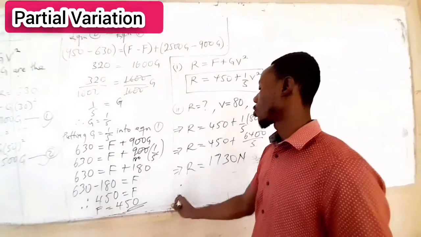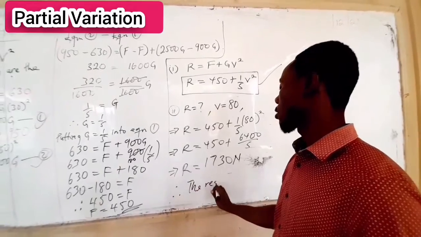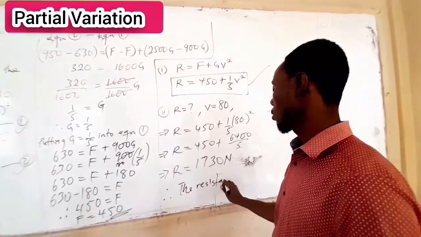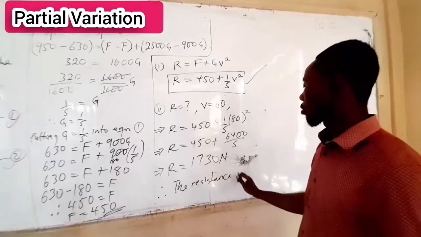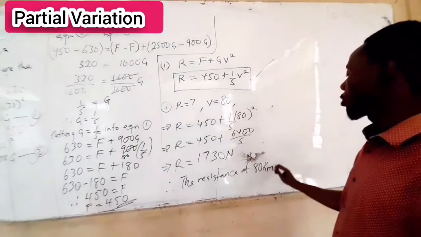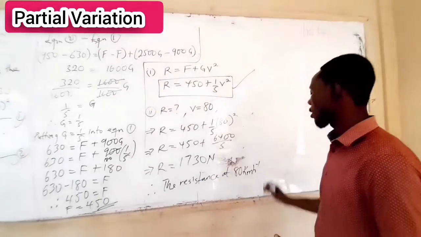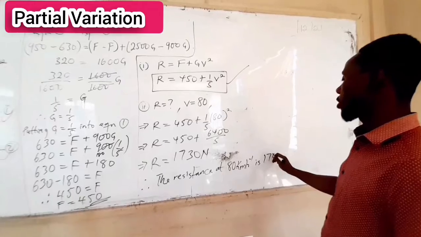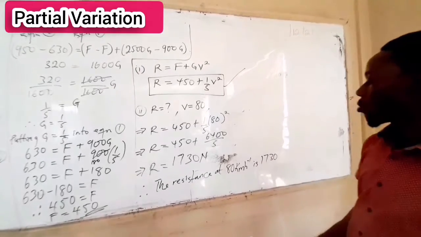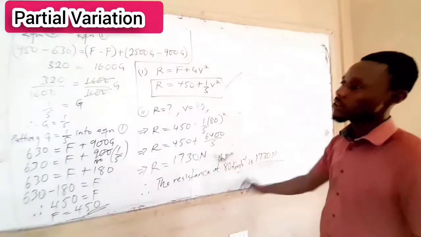So we can conclude the resistance at 80 kilometers per hour is 1730 Newton.